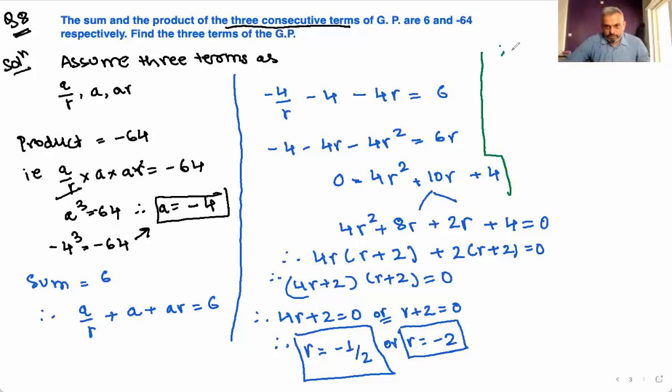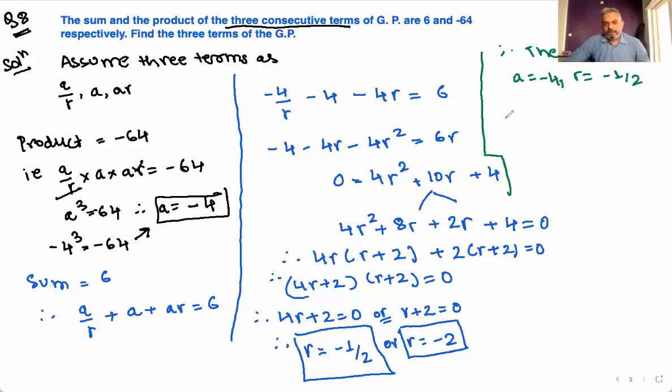Therefore, the three terms are, now what we do, we take first A is equal to minus 4 and R is equal to minus 1 by 2.